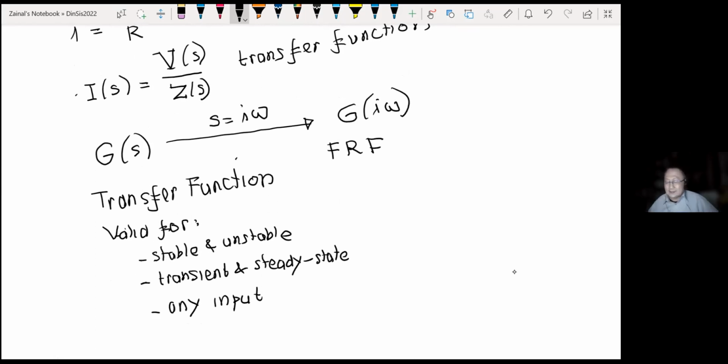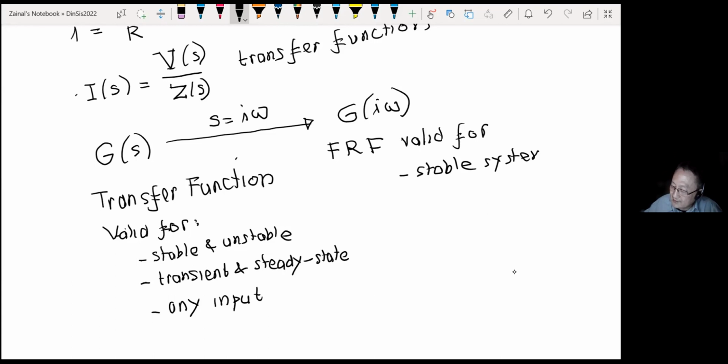Okay, well, the frequency response function is only valid for a stable system under steady state condition.